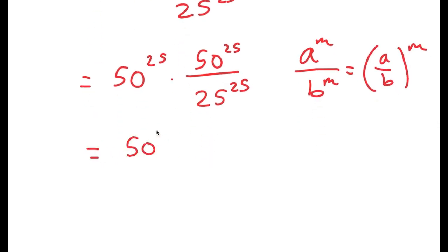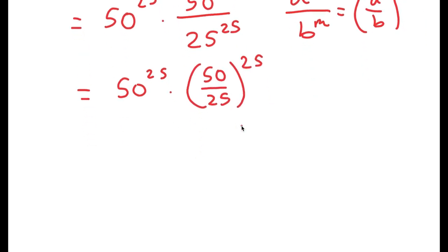So this is equal to 50 to the power of 25 times 50 over 25 to the power of 25. Now, this turns into 50 to the power of 25 times, well, 50 divided by 25 is 2, so times 2 to the power of 25.